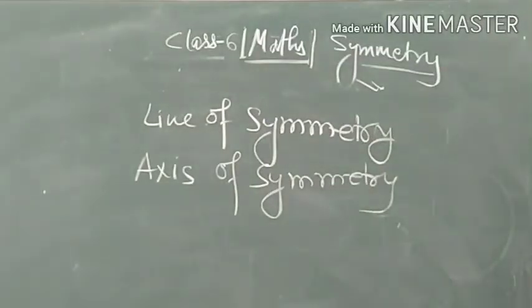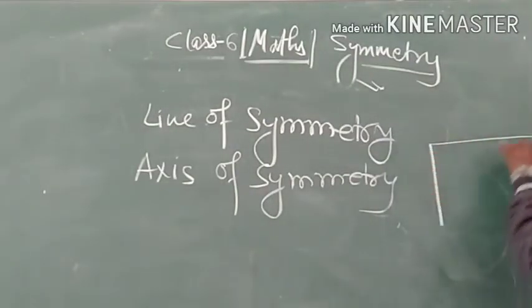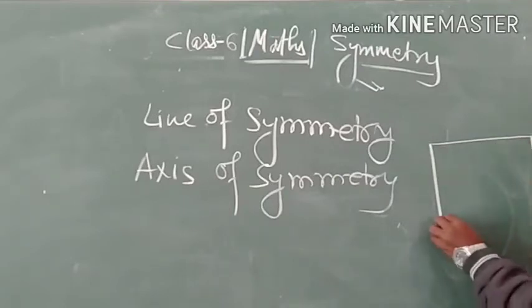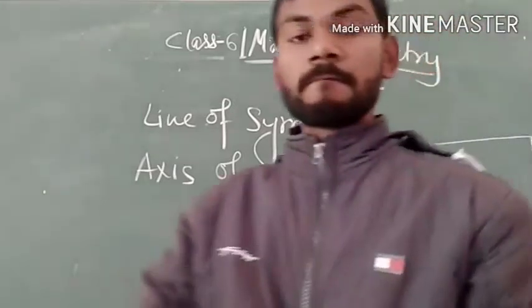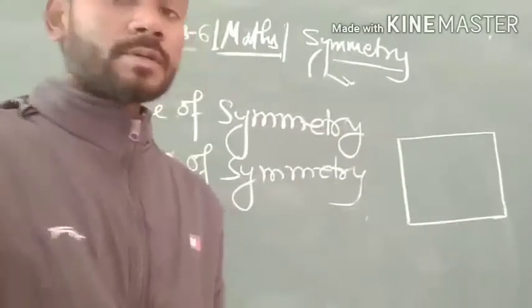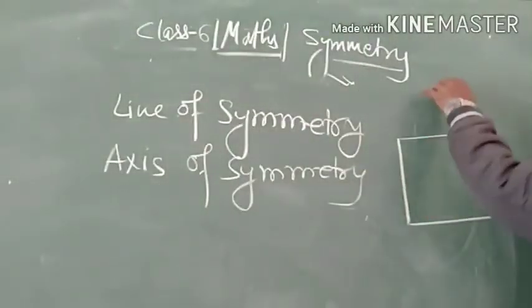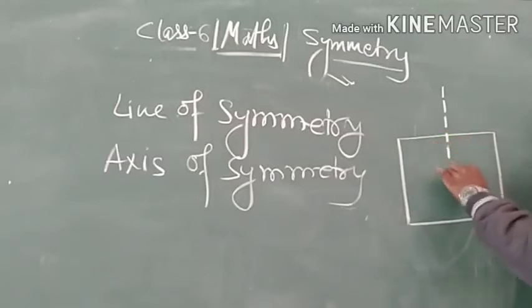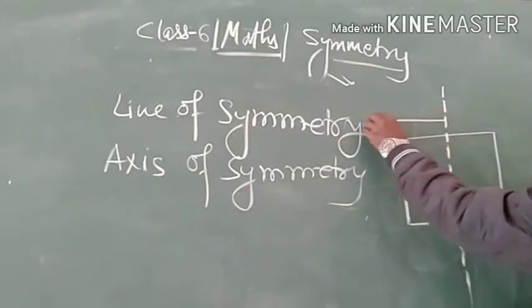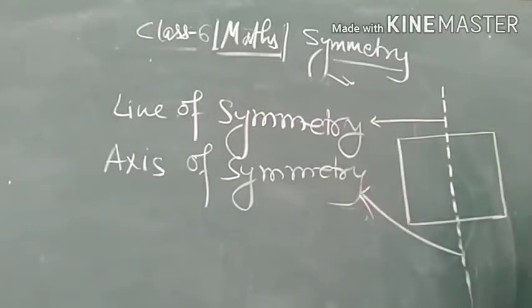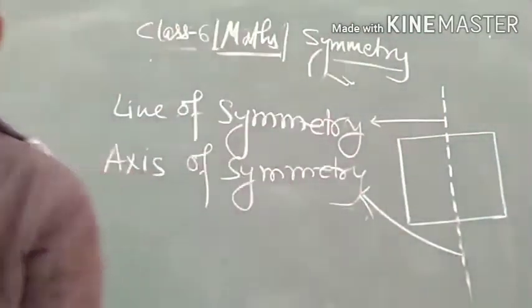Here you can see that this is a square. This is a square and a line which vertically divides it into two identical halves, and hence this line is called the line of symmetry or axis of symmetry.